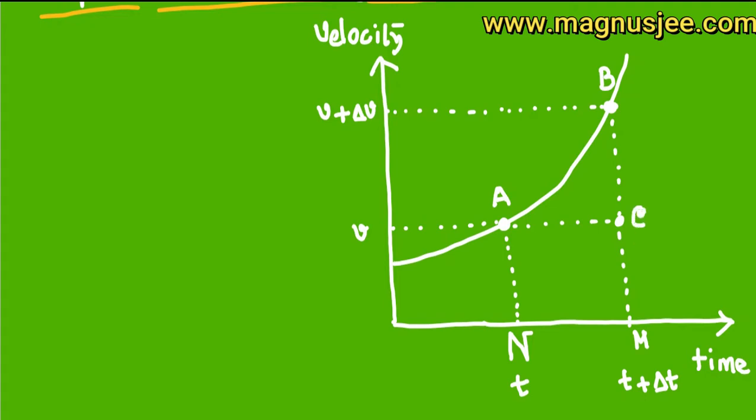We can draw a line AC from the point A parallel to the time axis. At A we can draw a tangent AT, and that tangent AT makes an angle theta with the time axis.